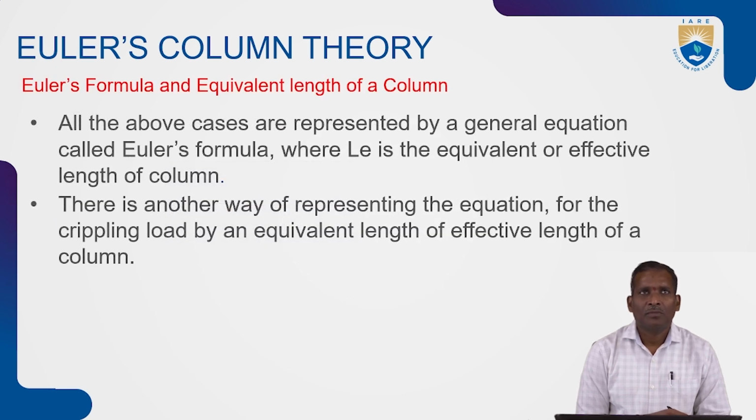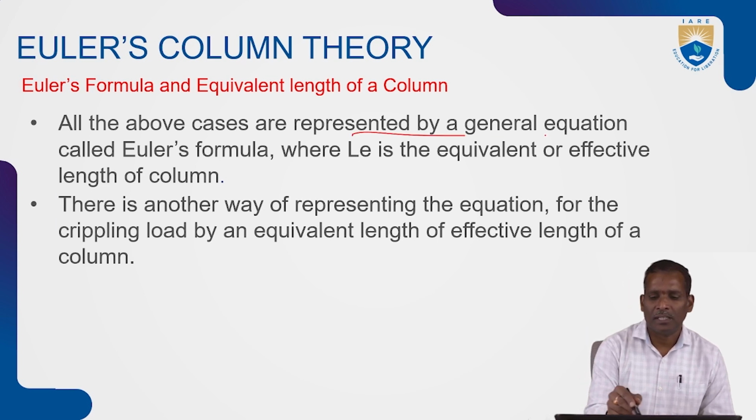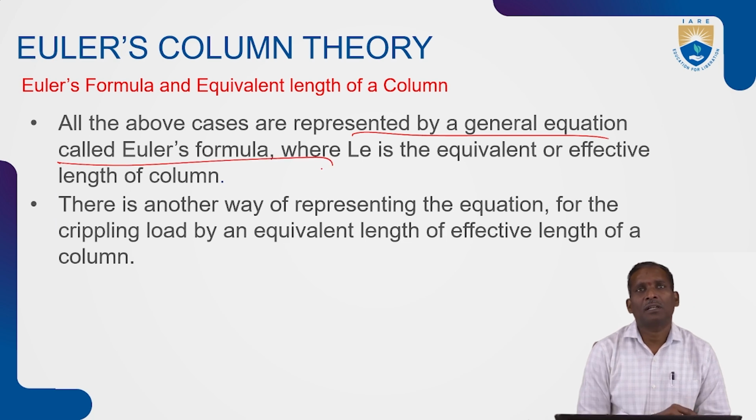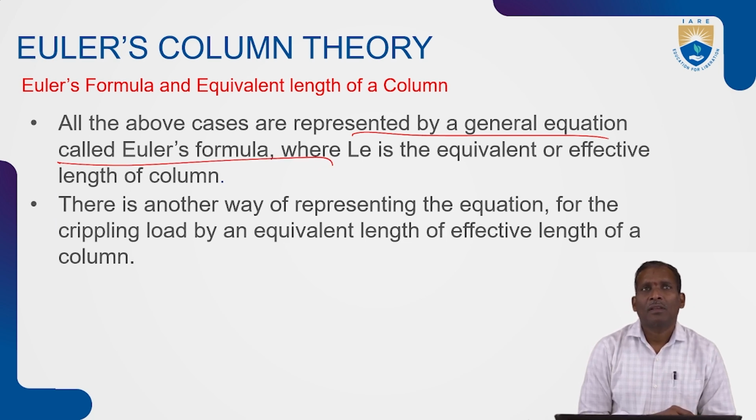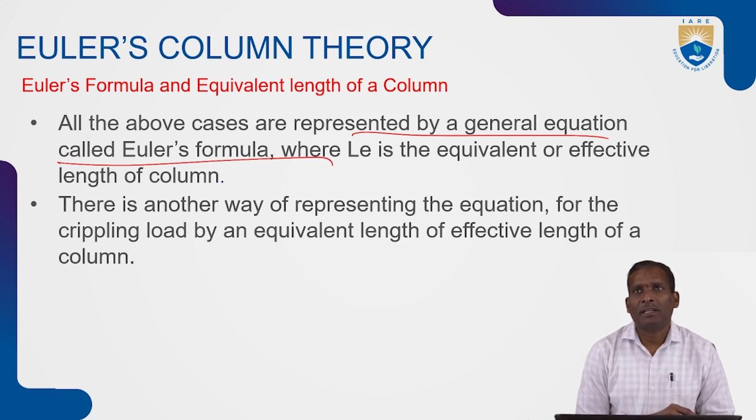So now, Euler's formula and equivalent length of the column. All the above cases are represented by a general equation called Euler's formula, where L is the equivalent or effective length of the column.